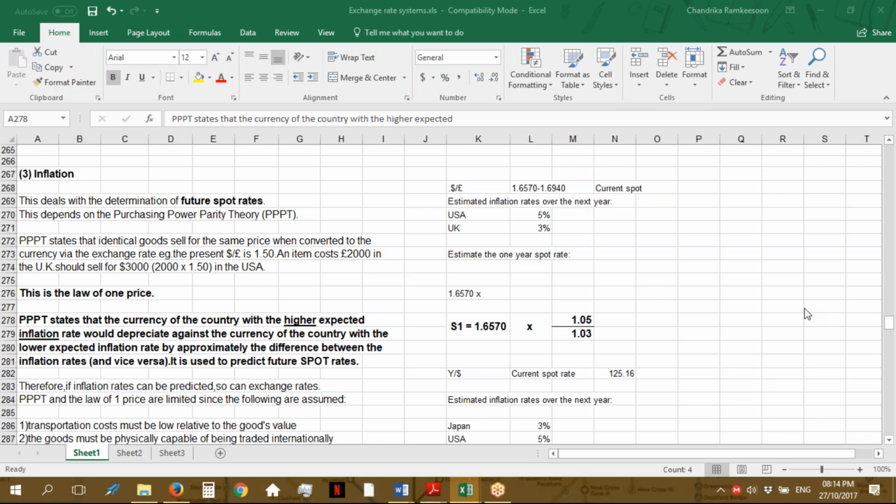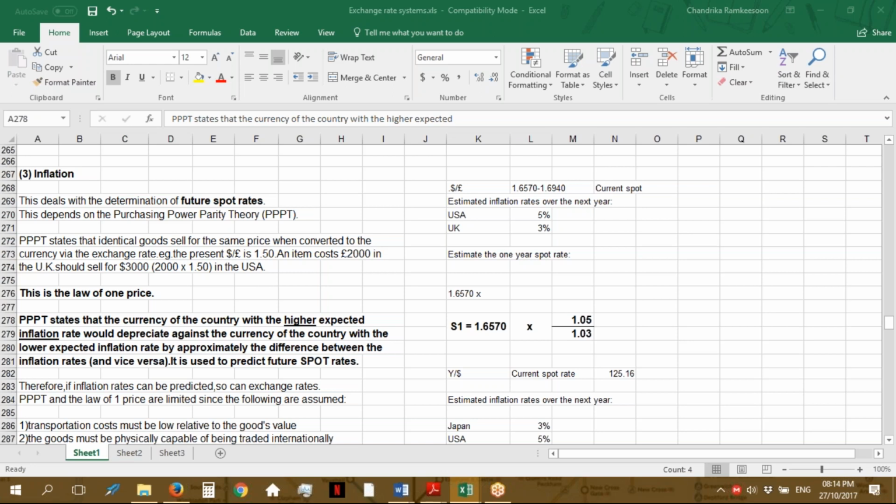If you've got to work out a forward rate, you can do that using discounts and premiums, or using rates of depreciation and appreciation, or you can do that using something called IRPT. Now, IRPT is also based on rates, and it's similar to the rates of appreciation and depreciation thing, except it's a sort of formalized, standardized way of doing this.